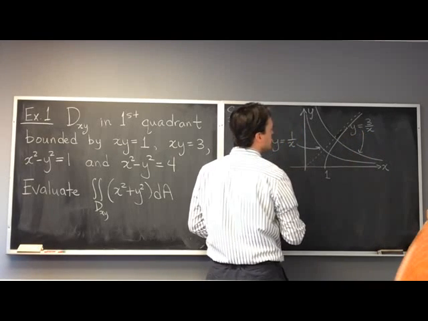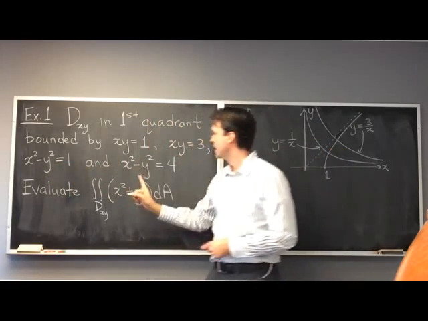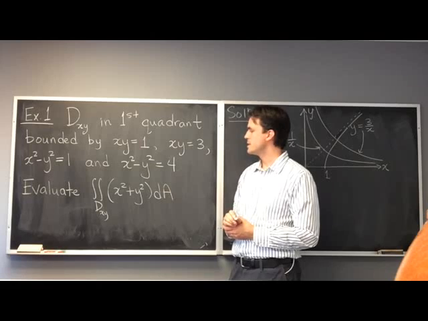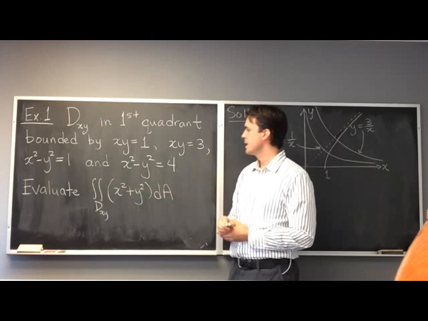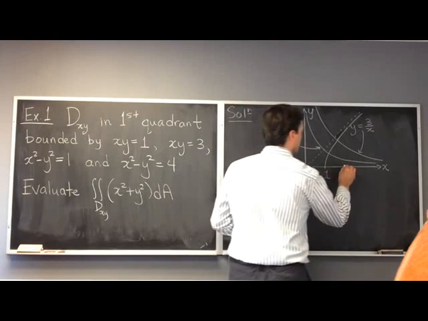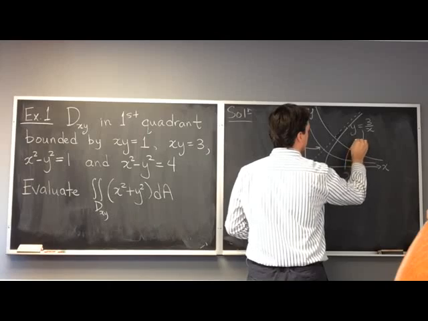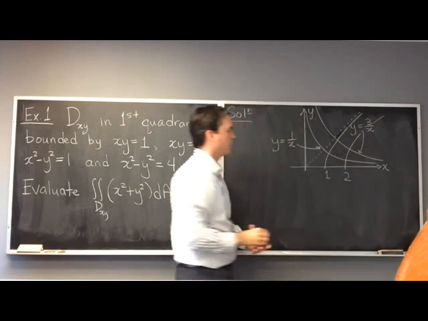Okay, so that was the curve x squared minus y squared equals 1. And x squared minus y squared equals 4 is similar, except, of course, your x-intercept will be x equals 2. So it'll look like that.